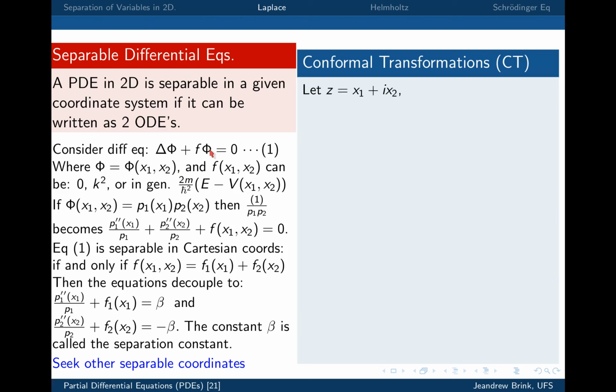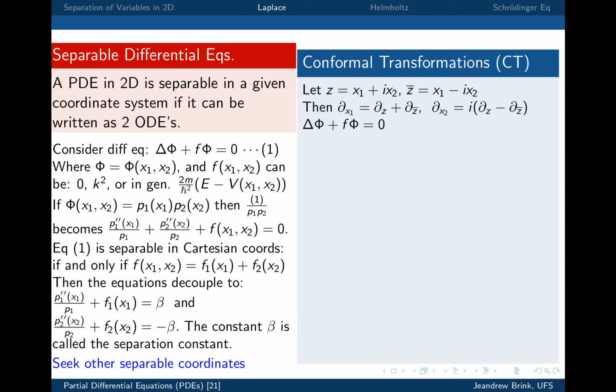So let z be the complex number of the two coordinates, with its complex conjugate. Then we can write the derivative with respect to x1 simply as dz plus dz bar, and the derivative with respect to x2 simply as i times dz minus dz bar. It's just an ordinary transformation, except we've elevated our variables to complex variables.